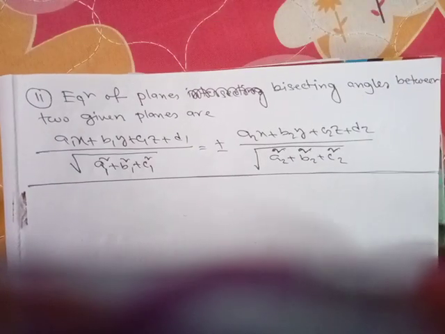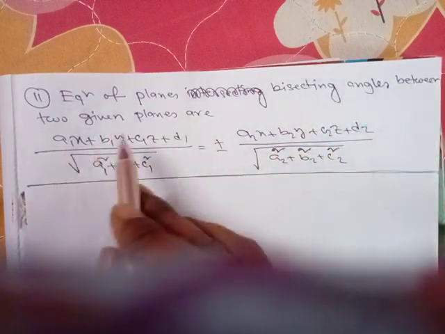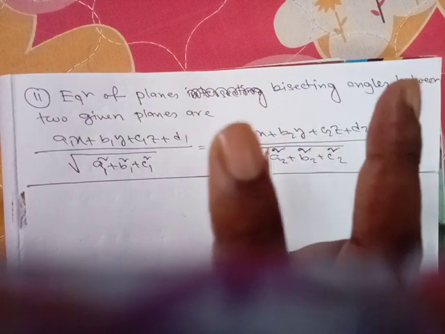And we will discuss the last point. It is a very important point: equation of planes bisecting the angle between two given planes. Suppose two planes are given.